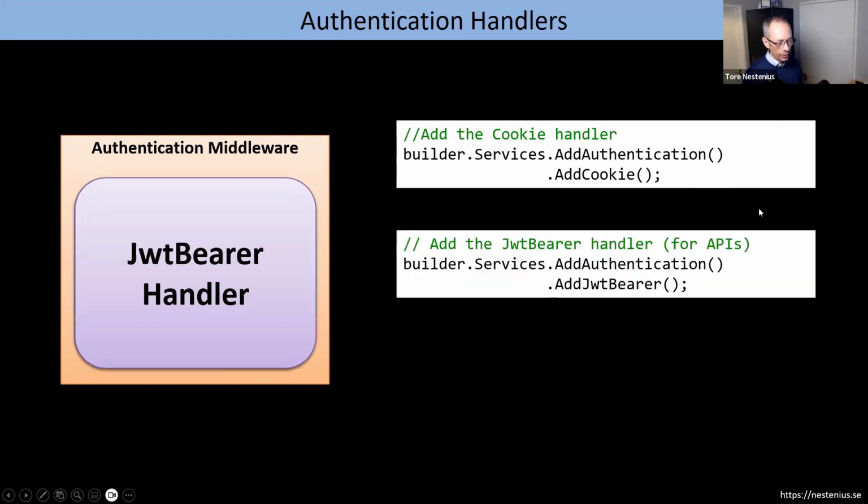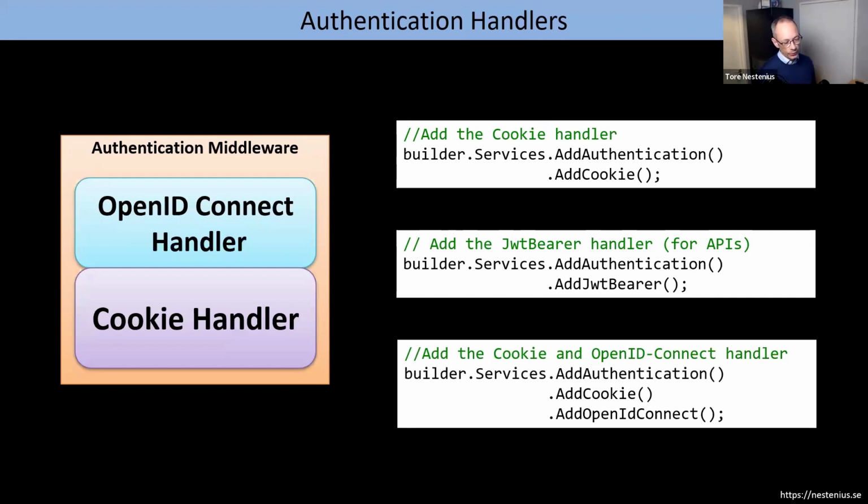You might have the JWT bearer handler for APIs, or you might have two handlers when you use OpenID Connect in a client application. So inside the authentication middleware, you add those authentication handlers to do various things for you. We will be working with a cookie handler in this presentation.